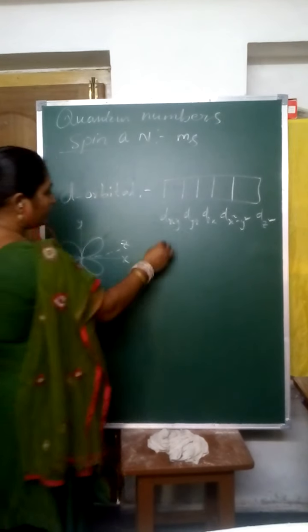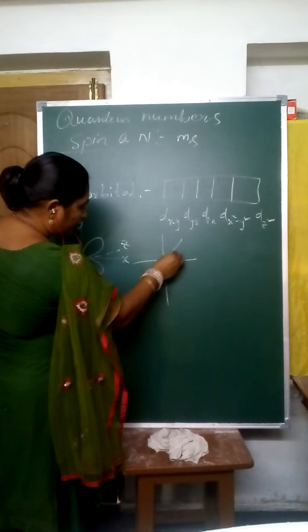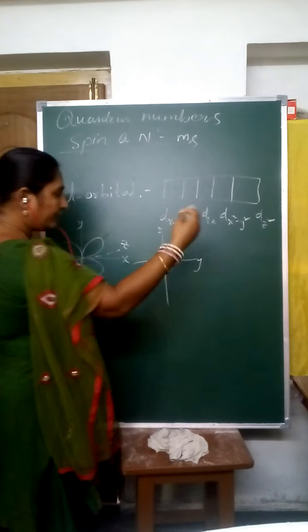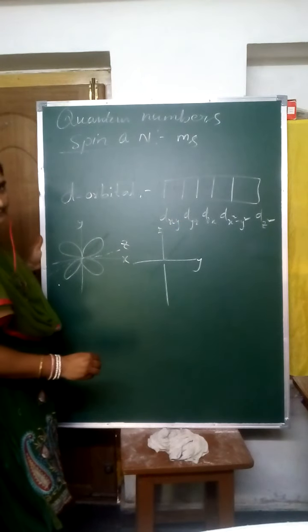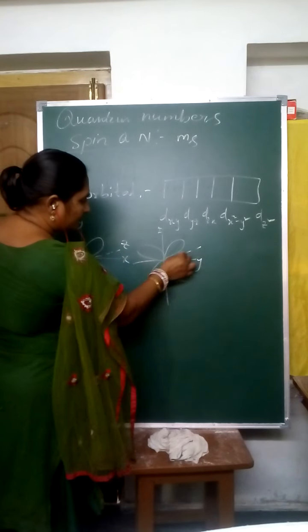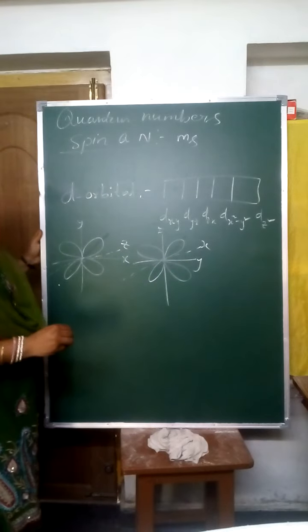Suppose you want to draw yz. Before that, write here y and z, you leave x. Then you draw. It is the simple method. If somebody is confused, this is x. You leave x.